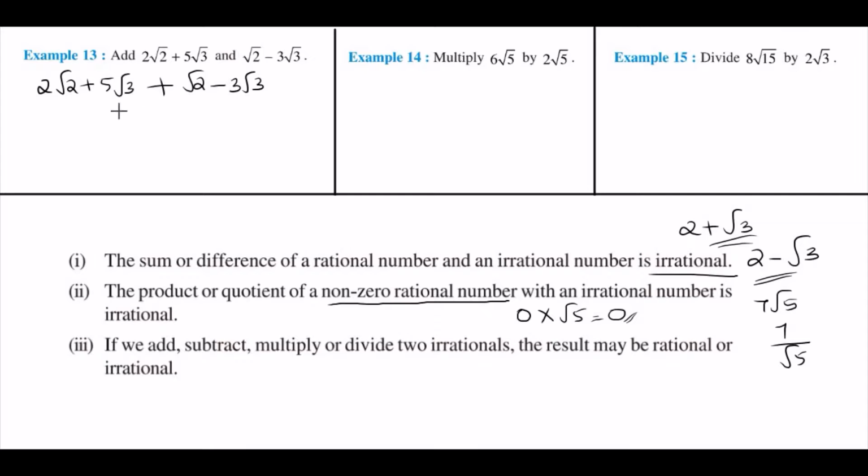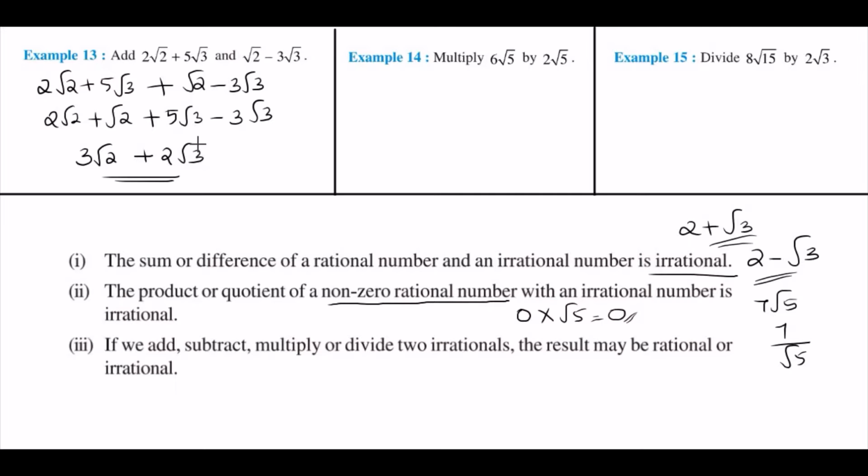So you can add the coefficients: 2 root 2 plus root 2. And here root 3 and here also it is root 3, so you can subtract these coefficients, that is 5 root 3 minus 3 root 3. So 2 root 2 plus root 2 is 3 root 2, and 5 root 3 minus 3 root 3 is 2 root 3.